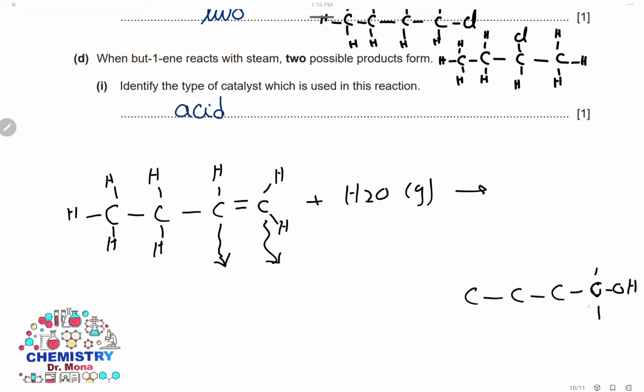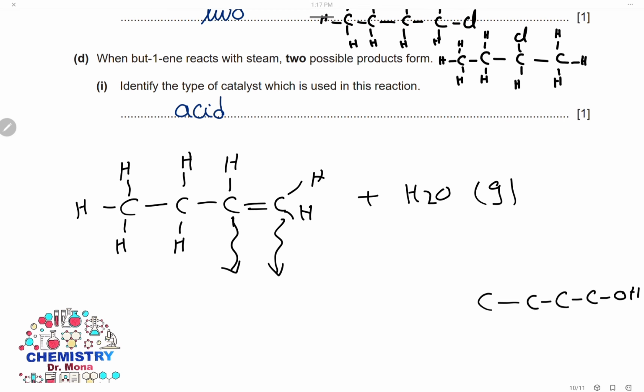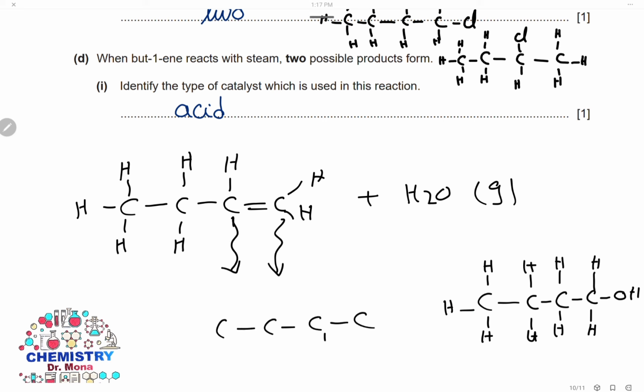This is the butan-1-ol. This will be butan-1-ol. And if the OH is added on the other carbon, we will have butan-2-ol. If the OH is added here, again we will complete the hydrogens.